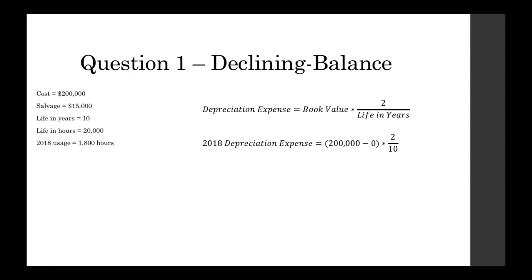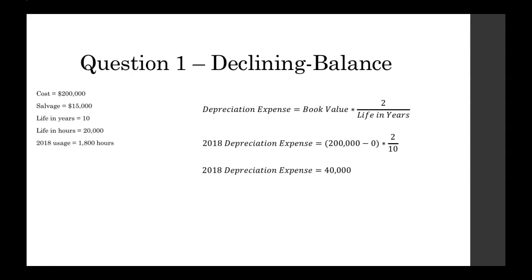So our book value is our cost of $200,000 minus 0 because our accumulated depreciation is 0. So we take that book value and multiply it by 2 over 10 because there's 10 years in this equipment's life. So 200,000 times 2 over 10 gives you a depreciation expense of $40,000.